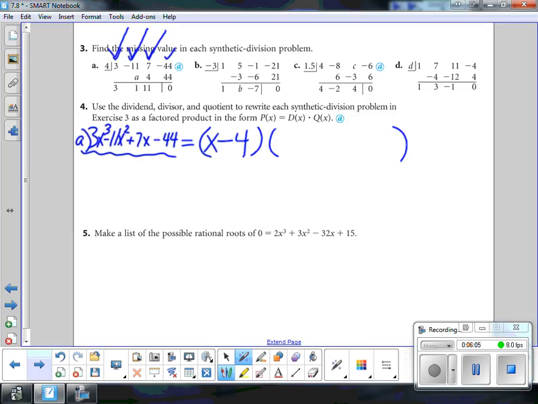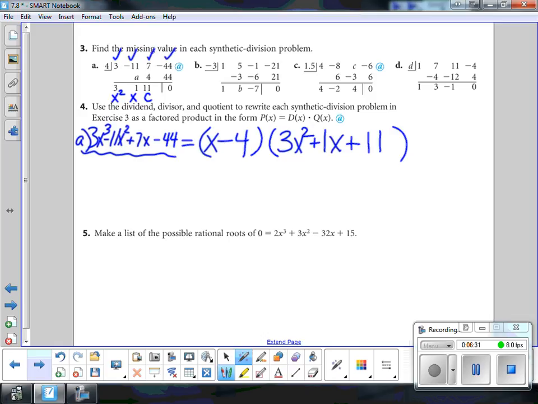So the x cubed column is now the x squared, x, constant. So that's what's going to go in the second set of parentheses. The 3 will be in front of x squared. The 1 will be in front of x. And the 11 will be the constant on the end.